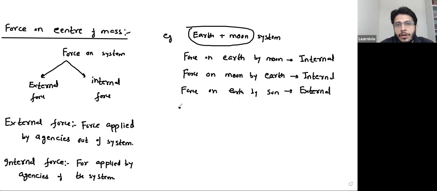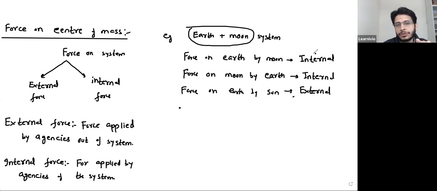Next, the internal force can change momentum or velocity of individual particles of the system. Due to this internal force, momentum of Earth can change. Velocity of Earth can change. If I'm taking the Earth Moon system as an example, due to this internal force, velocity of Moon can change. Moon can have acceleration.